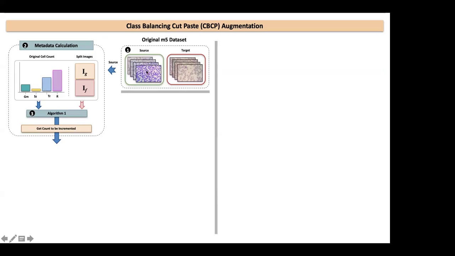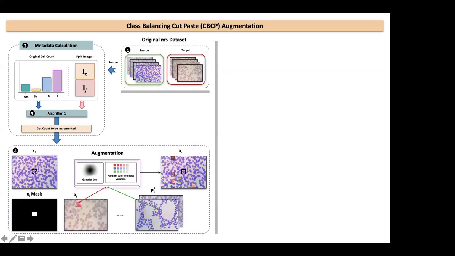What we did is, from the source domain, we have the annotations because we assume that we have fully supervised data from the source, not from the target. Because the target is only few-shot, we crop the cell, do some Gaussian blurring, and then use some random intensity variations and put that cell somewhere in another image.